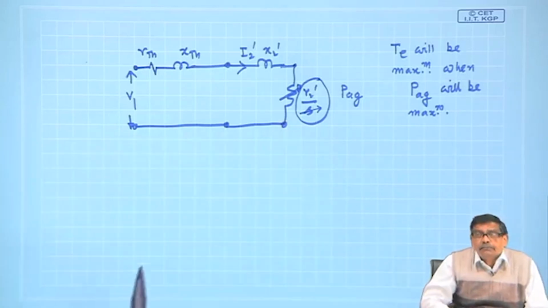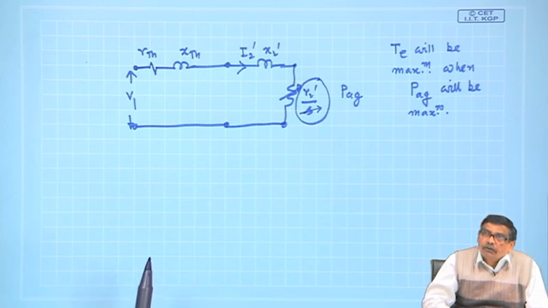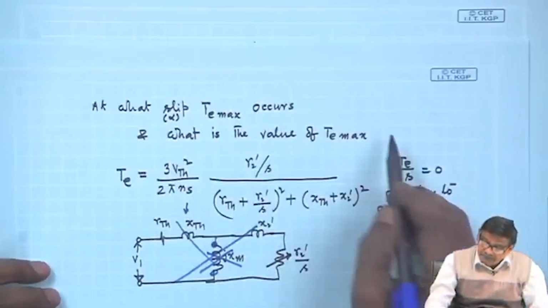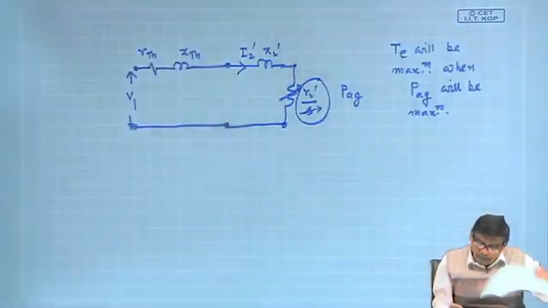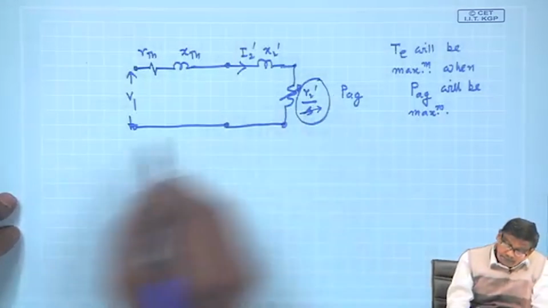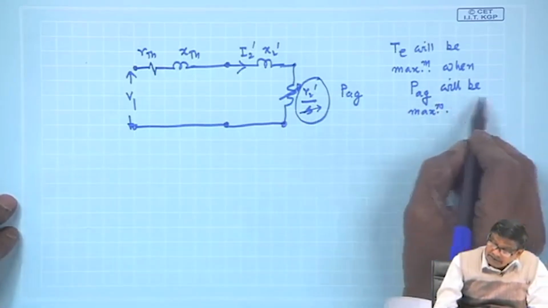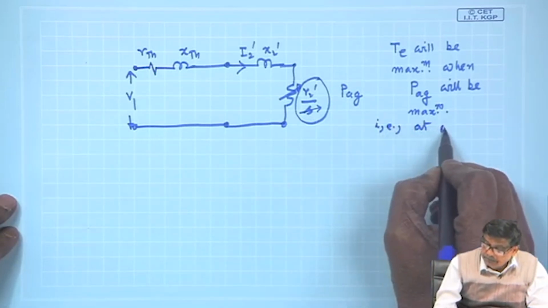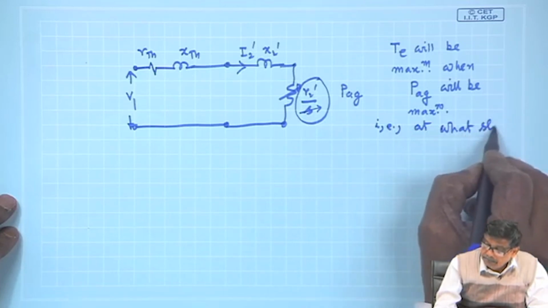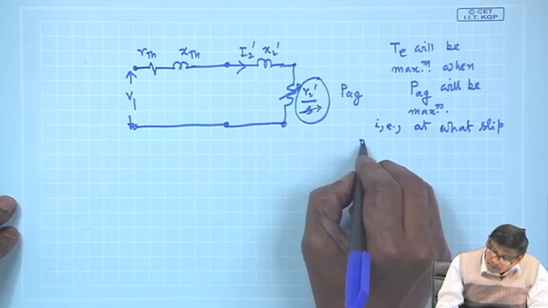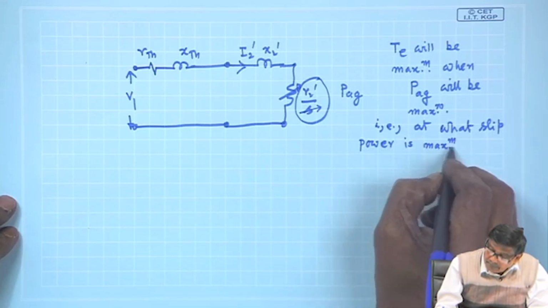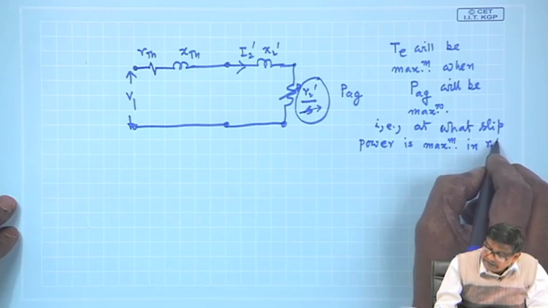So, why not apply the maximum power transfer theorem, which we have already learned, and not just differentiate this expression of torque; we will not do it that way. So, TE will be maximum when PAG will be maximum, that is, at what slip is the power maximum in this resistance R2 dashed by S.